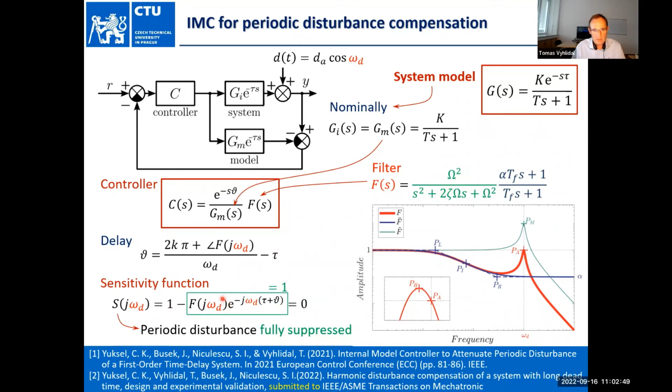So the first task is to achieve the magnitude of F equal to 1, and then we need to handle the argument, which is done by this additional delay. More on the theory can be found in the conference and the recently submitted paper.